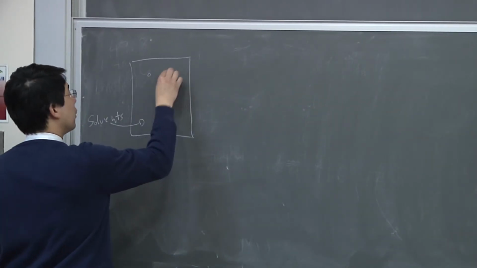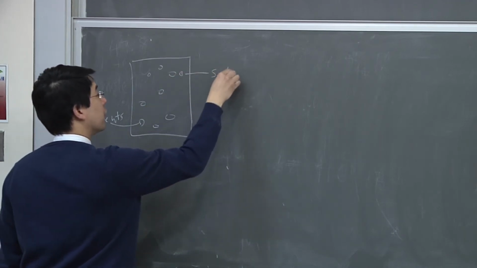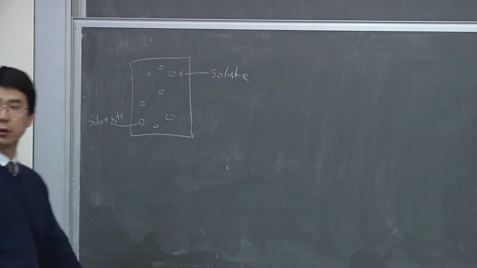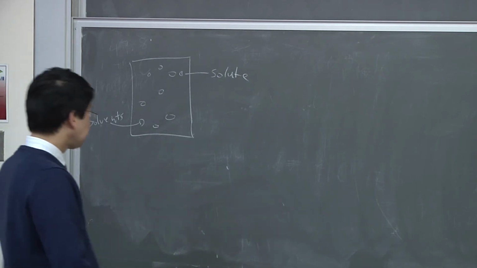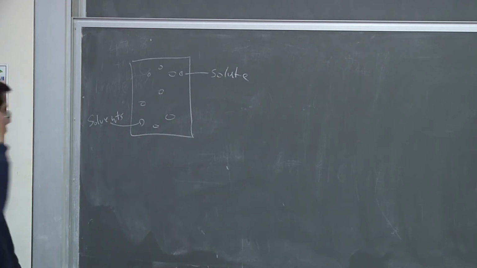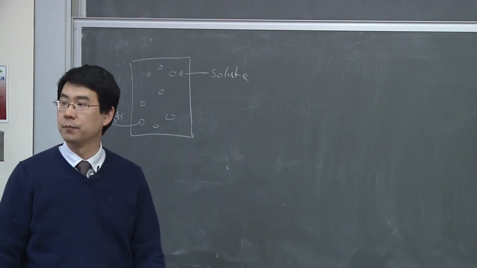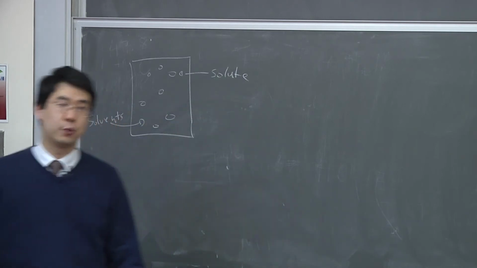And you're going to have your solute. And that's going to be your salt or your sugar or your acid or whatever. What's a good unit to measure solvent in? Liters. Volume, right? And what's a good unit to measure solute in? Either grams or moles, right?